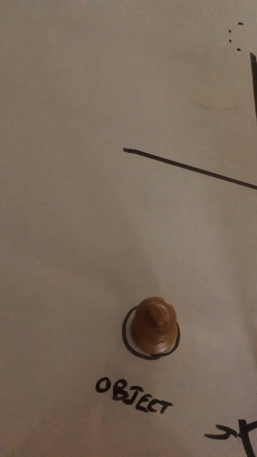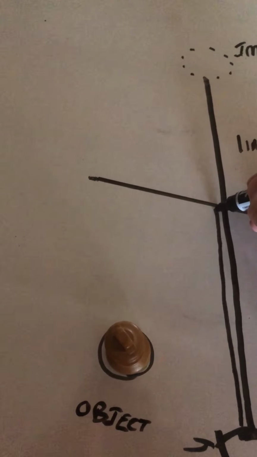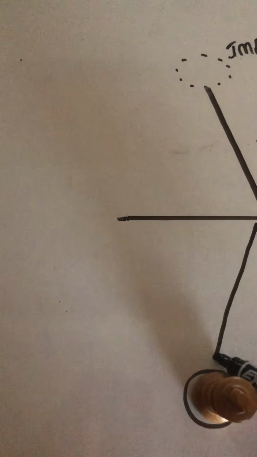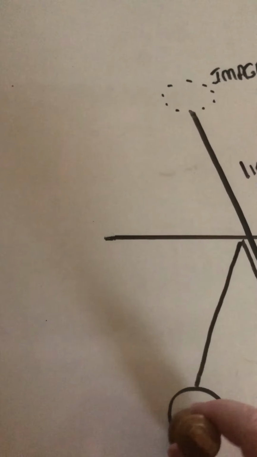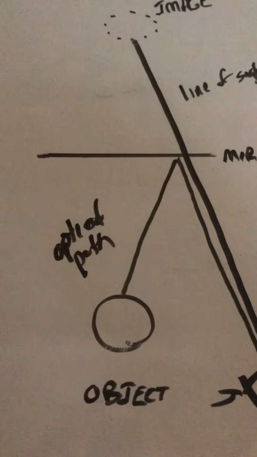What's happening, I'm going to draw with another line right along that line of sight. And then when it hits the mirror, I'm going to reflect it back to the actual object, that chess piece. And that path is called the optical path, which means light path, the true path of light.